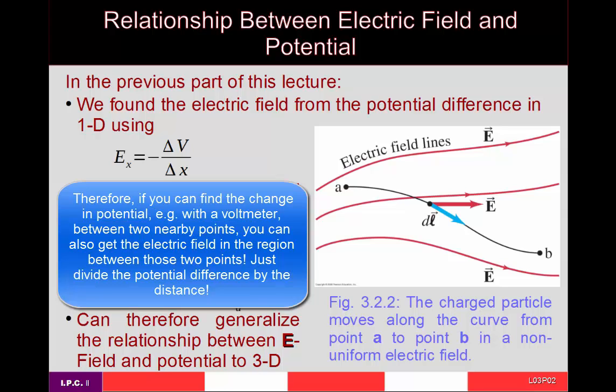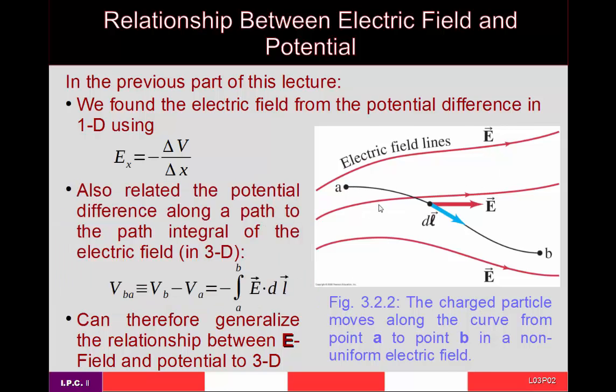Basically, how this works is that you have your electric field lines and you have your line path that you want from point A to point B. So we would measure, for example, the potential difference between A and B, or the voltage drop from A to B or from B to A, where E is negative delta V over delta X. If A to B is a straight line and the E field has a uniform direction and magnitude along that straight line, then this reduces basically to E times L, where L is the length of the path.